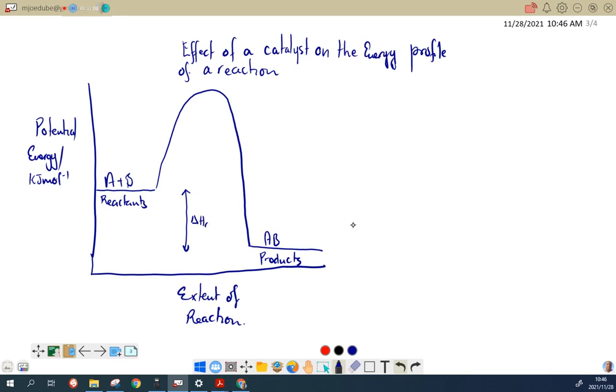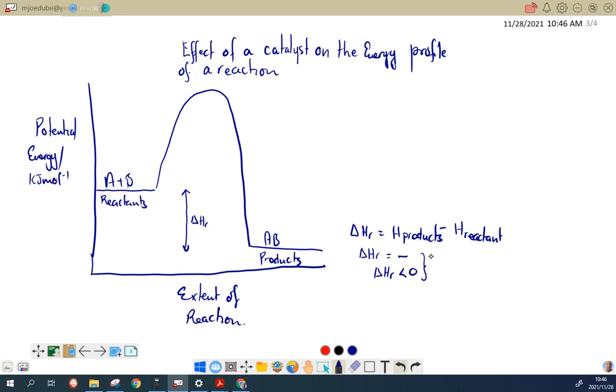So delta HR is equal to the energy of the product minus the energy of the reactant, and the energy of the product is lower than the energy of the reactants, and therefore the delta HR of the system is going to be a negative value, where we say delta HR is less than 0.